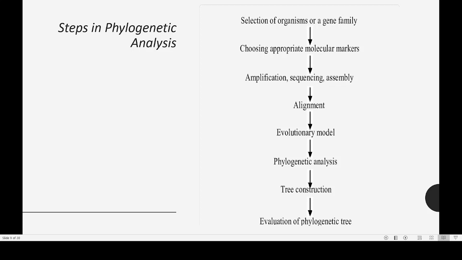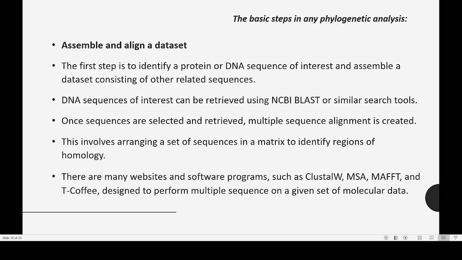Okay, so this is how we prepare an evolutionary model, and finally the reconstruction will be done, and based on the reconstruction we are evaluating the phylogenetic tree. So these are the different steps which are involved in phylogenetic reconstruction.